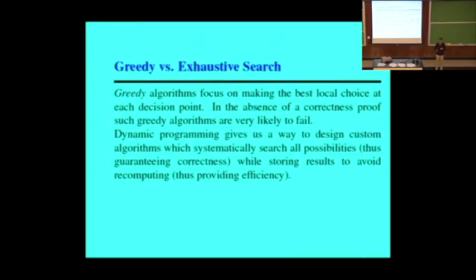Now, what makes dynamic programming interesting is that it's going to be, in some sense, a form of exhaustive search. We're going to try essentially all possibilities. But we're going to use stored results to avoid recomputing. That's actually what the chess program was like, right?